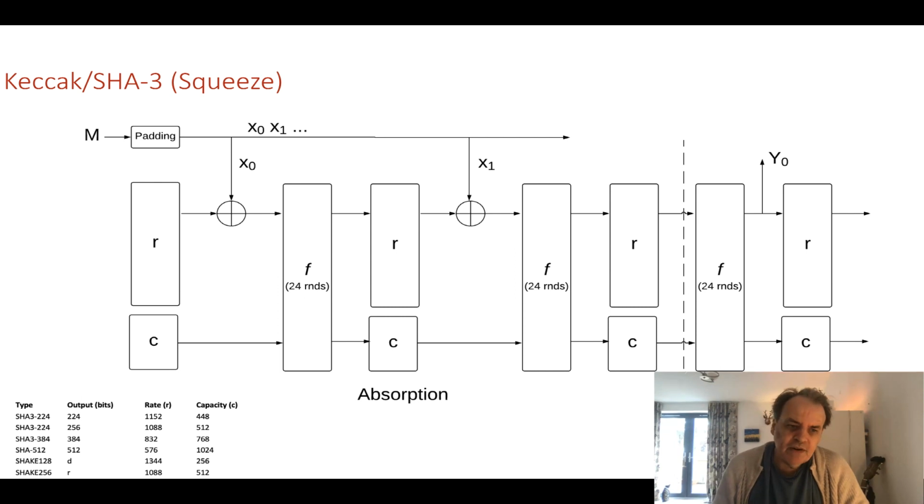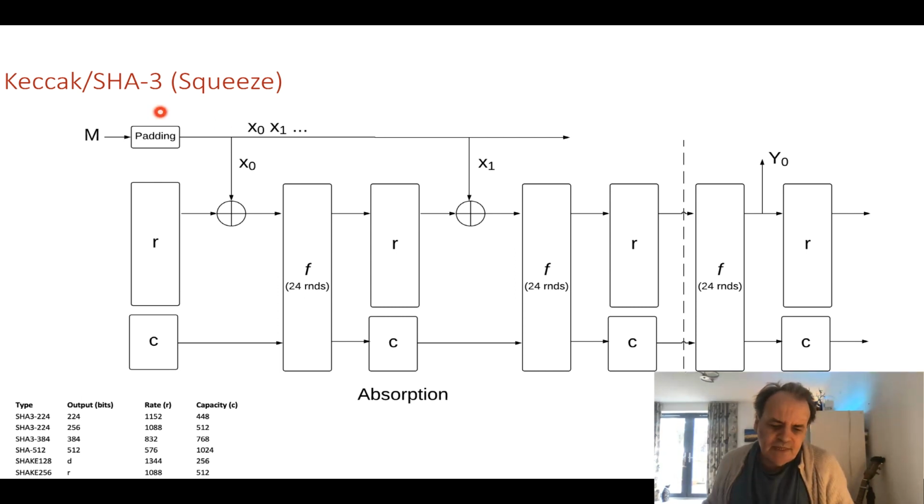If we need a bigger one, such as with SHAKE, we might go through several of these functions to create the state. But in most cases, we'll go through one, and even for the 512-bit version, we'll have 576 rate bits here. So we'll just take the first 512 bits, and that becomes our hash.